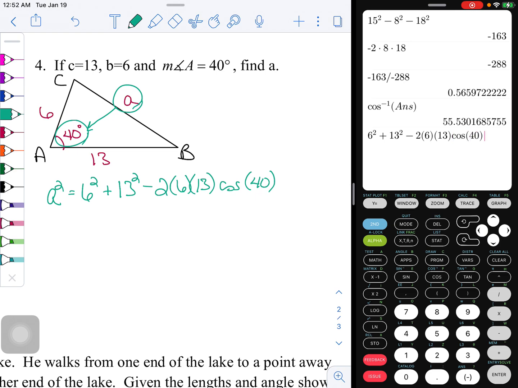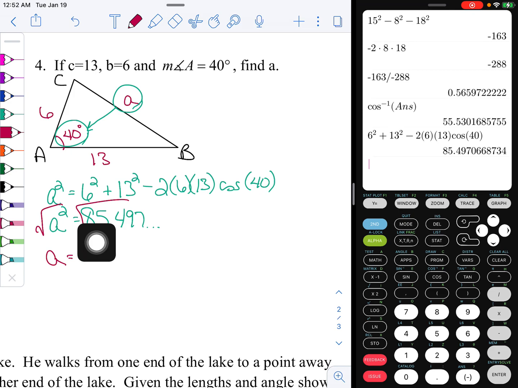Just make sure you put everything in your calculator. Take your time with it. If you need to double check, do that. Okay. So a squared is equal to 85.497 and some more stuff. I am going to take the square root of both sides. Remembering that a is the side of a triangle, I am not going to worry about the plus or minus that I should normally put in when taking the square root.